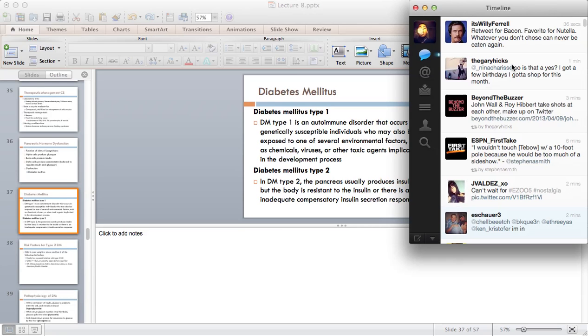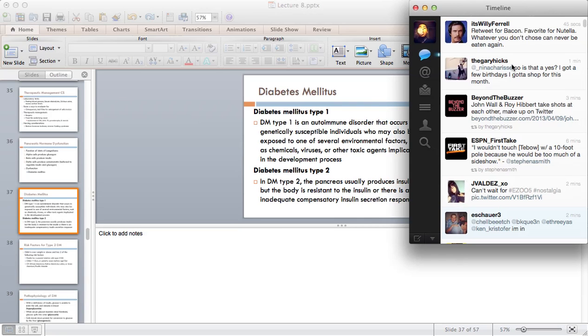So, with type 2, we associate type 2 with overweight. In children, the original thing we know is that type 2 is strictly restricted to adults. But now we are seeing more and more type 2 in children.